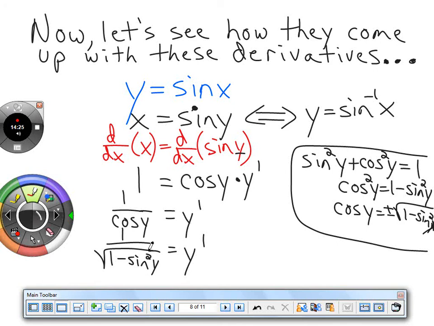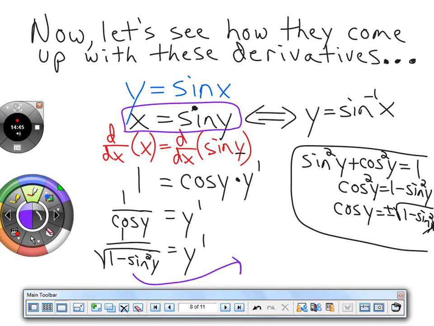And then you look at that and you say, wow, that still doesn't look like the same thing from any of those charts. But if you look at this, you notice that sine y is actually equal to x. And so we replace that.